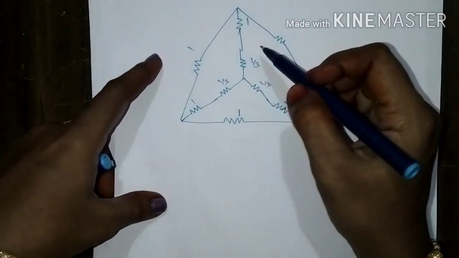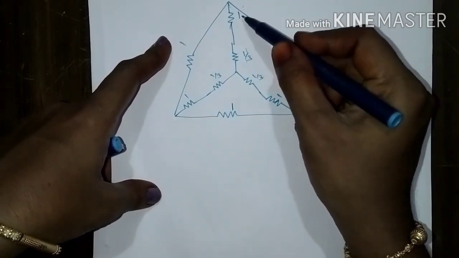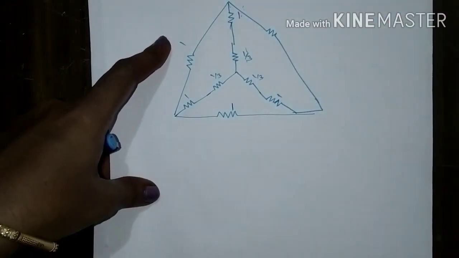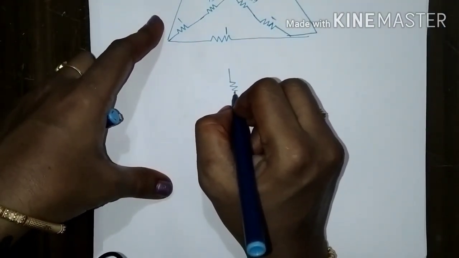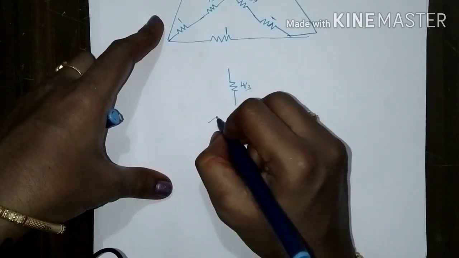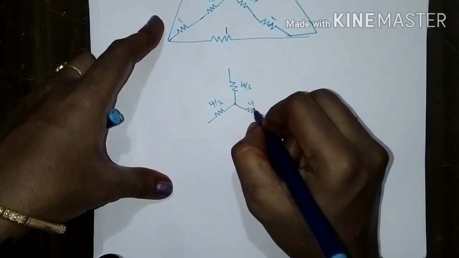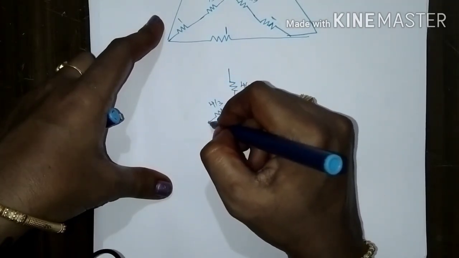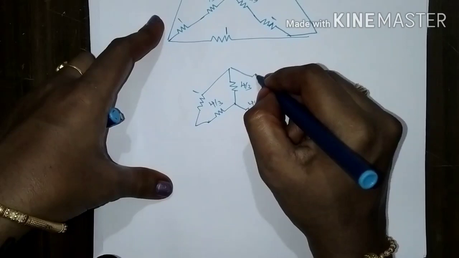So adding this, we get 4 by 3, since 1 plus 1 by 3 is 4 by 3. So you get 4 by 3, 4 by 3, 4 by 3, which is connected with this 1 ohm.